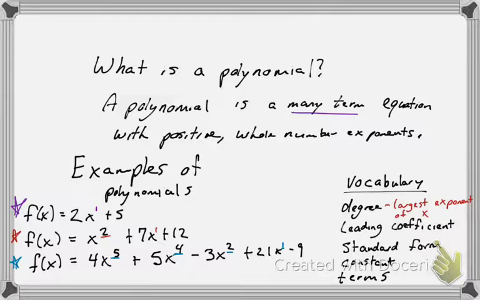So when I look at the first equation, the purple equation, that would be degree 1. The second equation would be degree 2, because that's the largest exponent in that problem. And even though the third equation has a whole lot of exponents, the largest one is 5, so this would be degree 5.